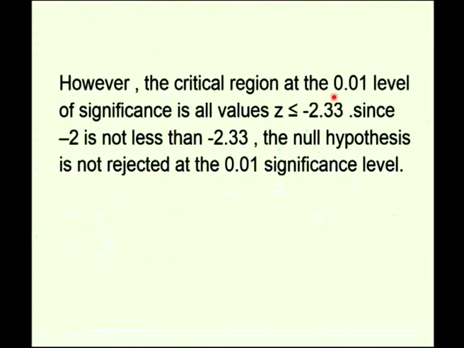However, the critical region at the 0.01 level of significance is all values less than or equal to minus 2.33, and since -2 is not less than minus 2.33, -2 lies outside the critical region, therefore the null hypothesis is not rejected at the 0.01 significance level; it is accepted at the 1% level of significance.